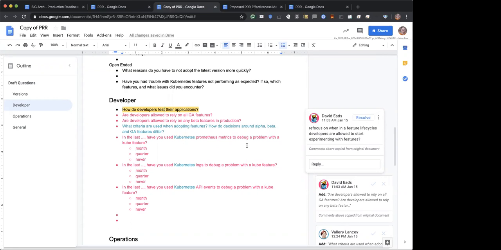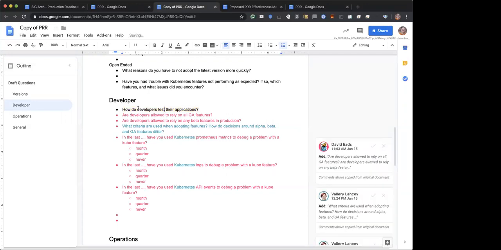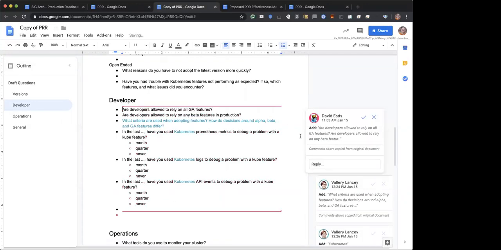So I tried to write questions here that were very concrete about when you are allowed to start using a feature, because a lot of places do have rules about you may not have beta in production. Yes, absolutely. And they do have rules like, we aren't going to adopt that till it gets the first service pack or something crazy like that. Right. So I refocused the questions.